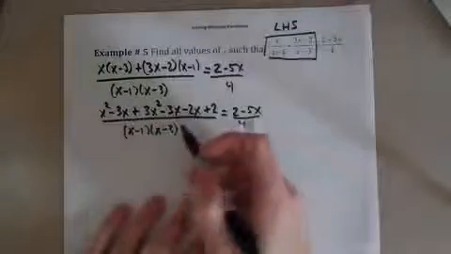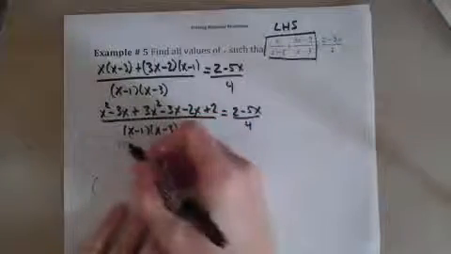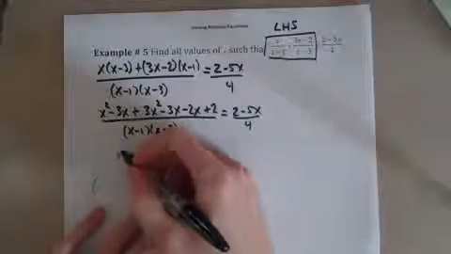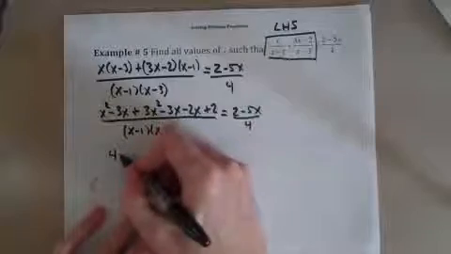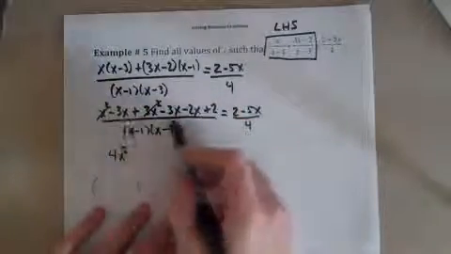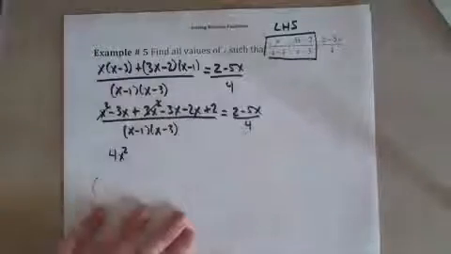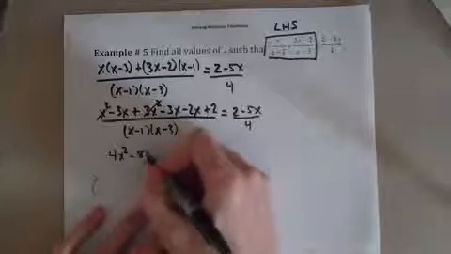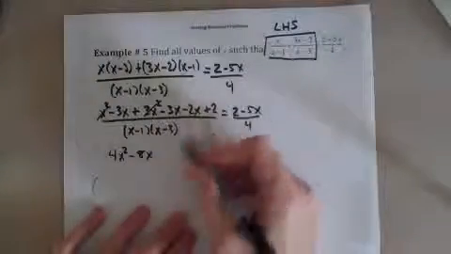Okay, let's clean up this top numerator. Whoops, let's clean that up real quick. So the x squareds are 4x squared, then minus 3, that's minus 6, minus 2 is minus 8, and then for the constants, plus 2.